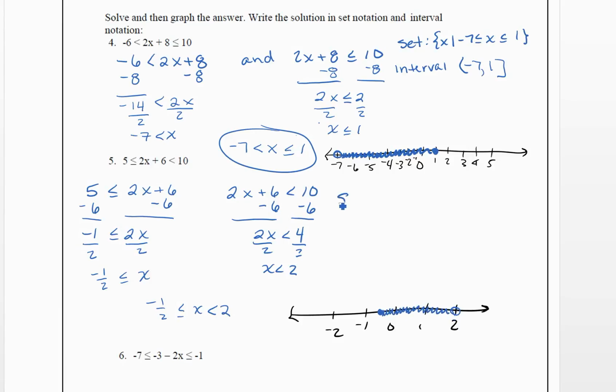Okay, so to write this in set notation, we would say x such that -1/2 is less than or equal to x is less than 2. And in interval notation, remember, read it left to right, so we're going to do bracket -1/2 up to 2, parenthesis.